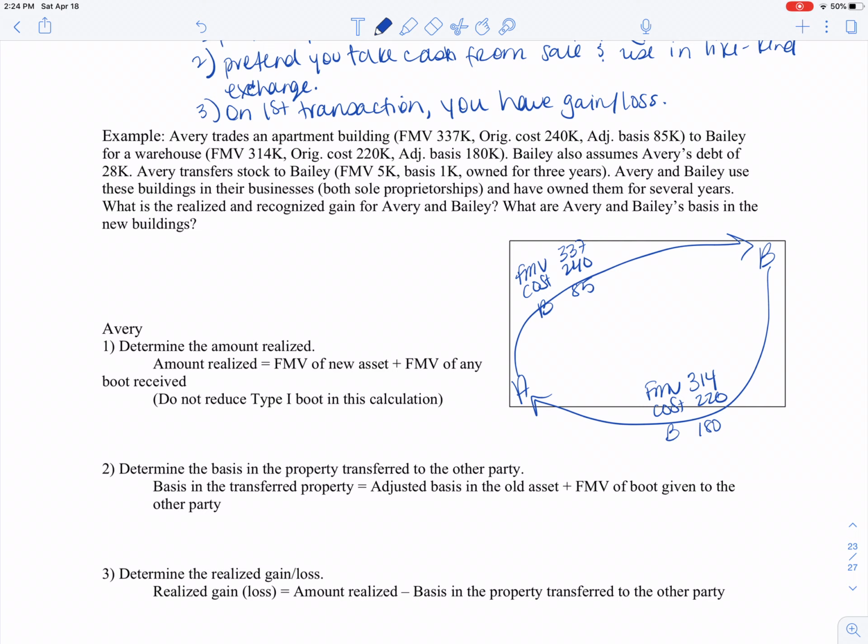Bailey also assumes Avery's debt of $28,000. So I'm going to say, here's that debt of $28,000.